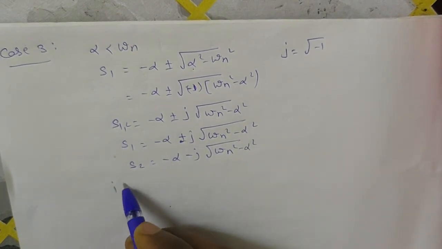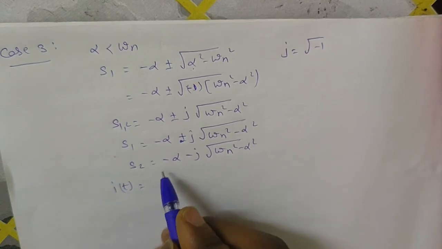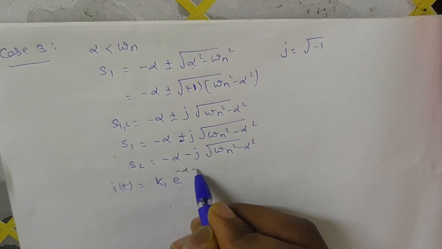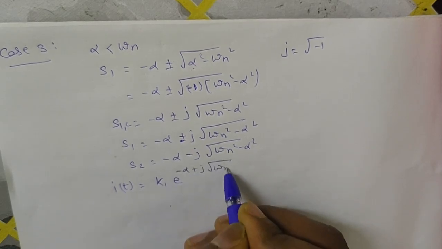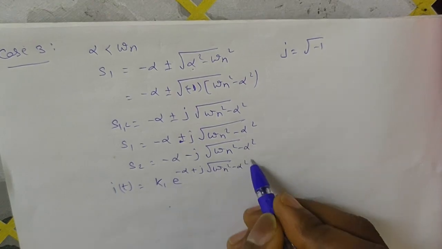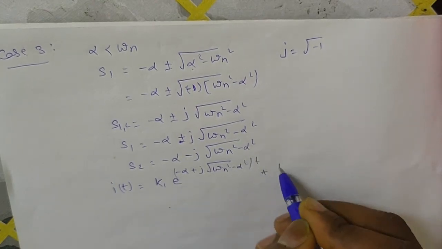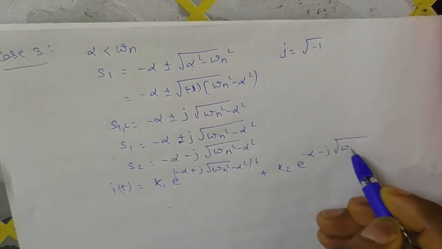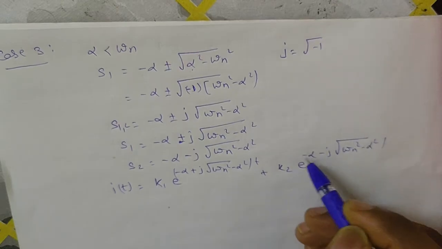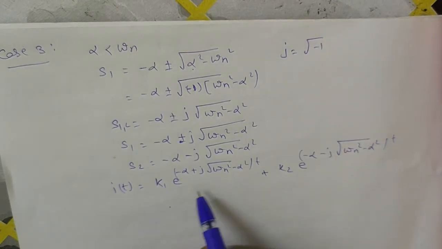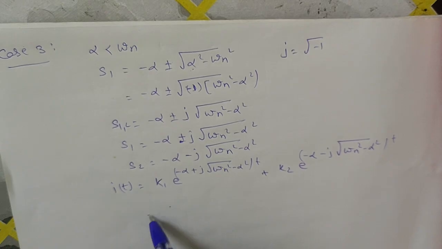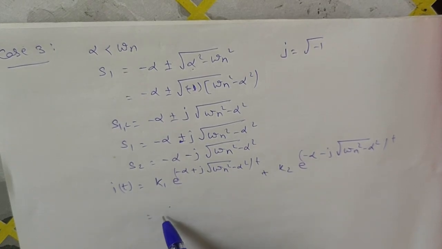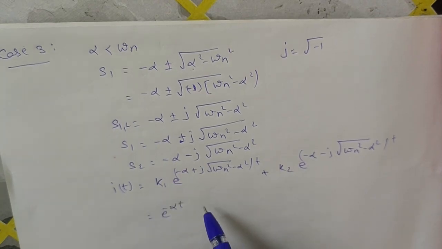For this we will keep in the equation we got, k1 e power minus alpha plus j under root of omega n square minus alpha square into t plus k2 e power minus alpha minus j under root of omega n square minus alpha square into t. If we expand it, e power minus alpha t is common in all, so it will be outside.